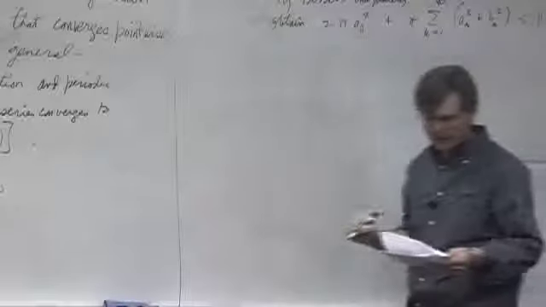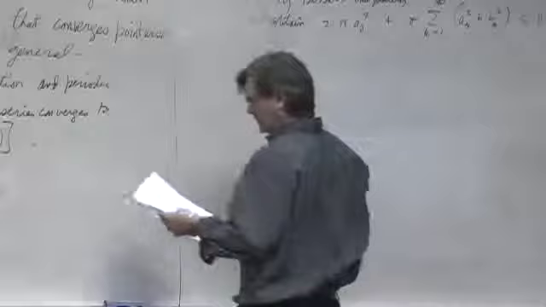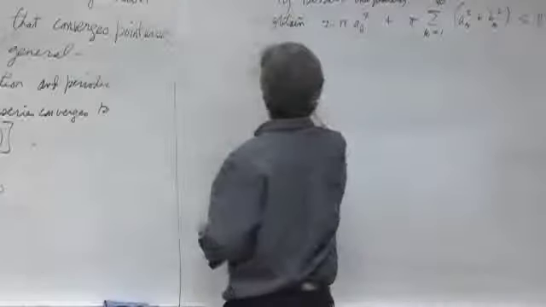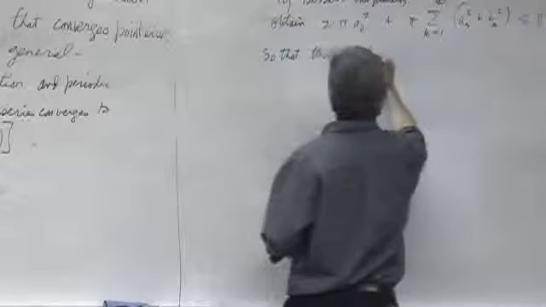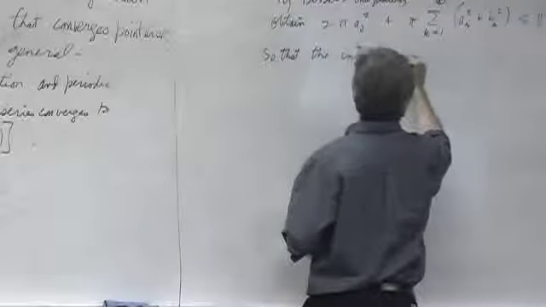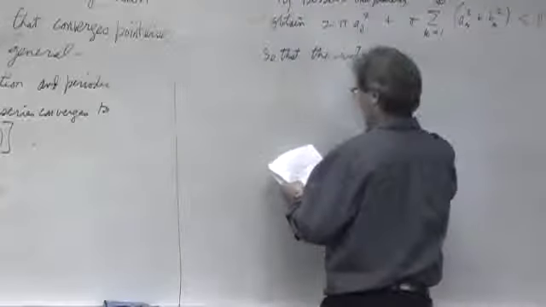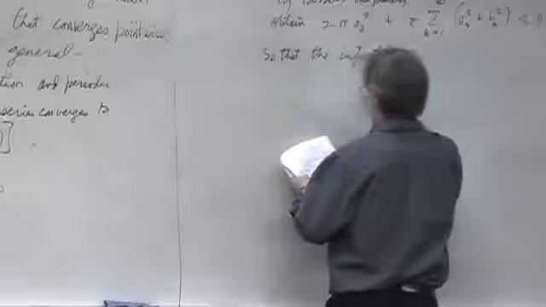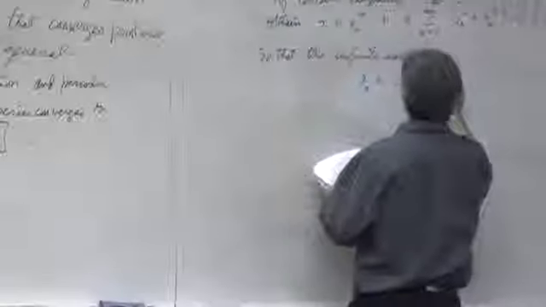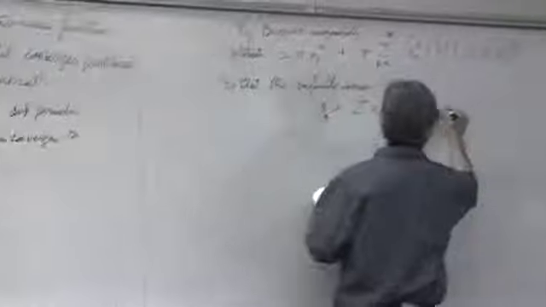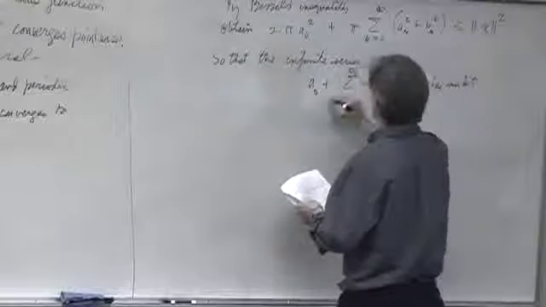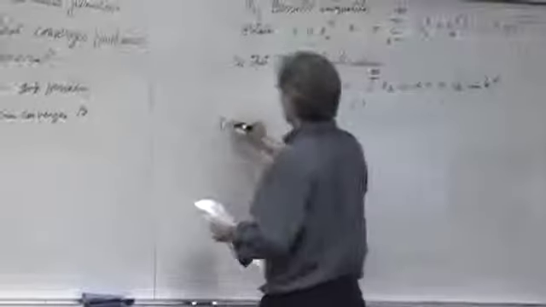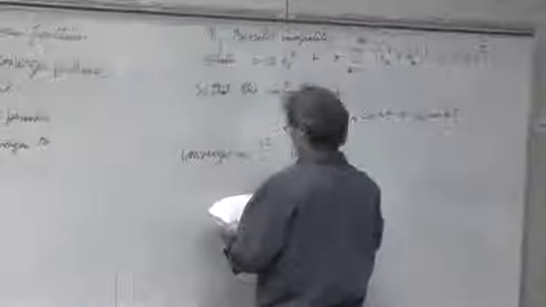Okay. So that the infinite series a0 plus the summation from 1 to infinity of ak cosine kt plus bk sine kt converges in L2 to something.